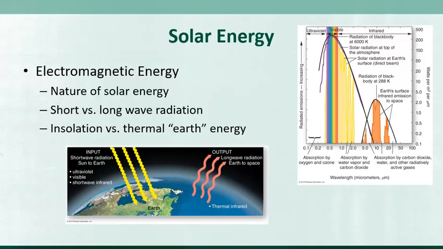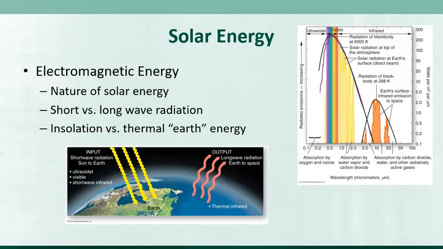Every body in the universe gives off energy. The energy that's given off by the sun, because of its temperature, is largely in the spectrum of ultraviolet light, visible light, and what's called near infrared, as can be seen on the graph on this page.